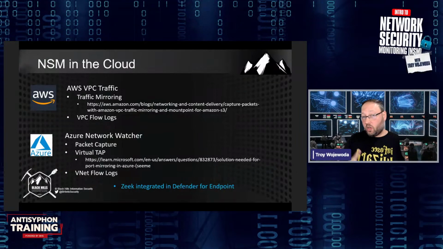So you have the same thing as what we saw in AWS, a virtual tap capability in your Azure cloud environments, as well as the flow logs that can be produced.